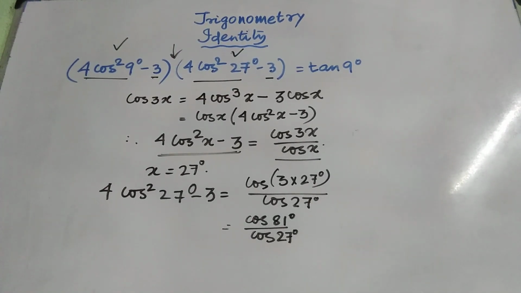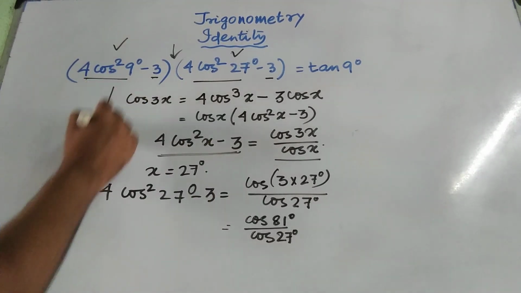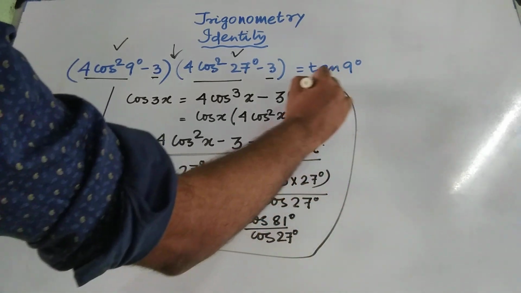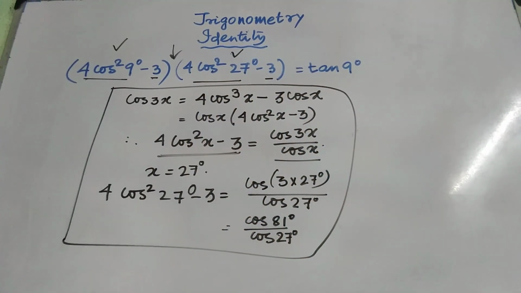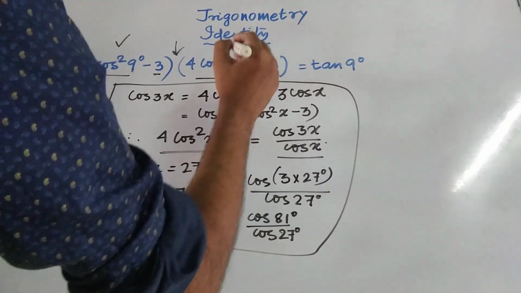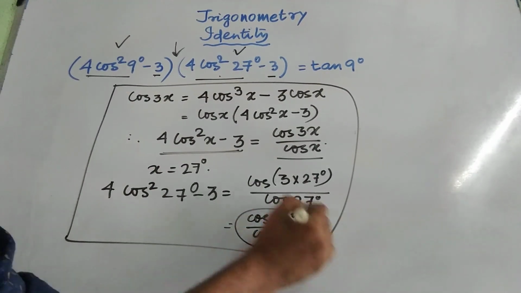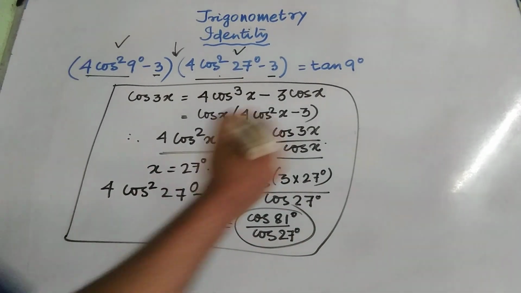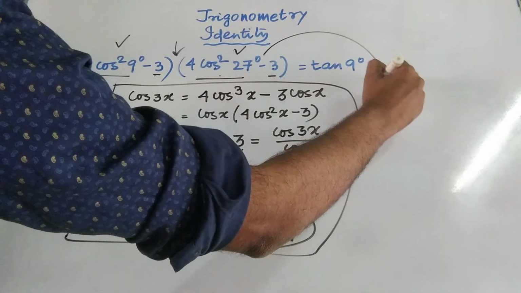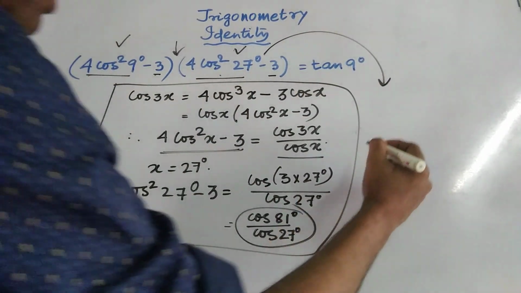Now let me concentrate on the first expression. So I am keeping the second expression aside, and I am writing it here as cos 81° by cos 27°.